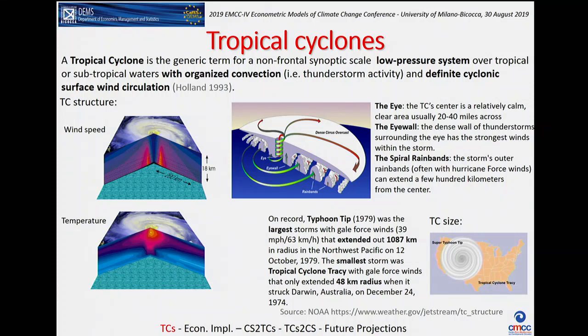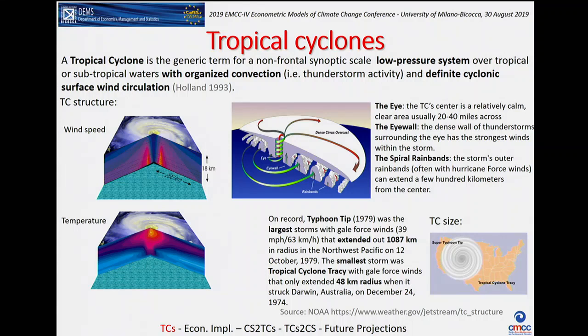This is something that is created by the heat released by the parcels that condense and precipitate. So this is something that we can call the engine of the tropical cyclone, because this is facilitating the upward motion of the parcel coming from below, so bringing the energy that you had at the surface in the upper layers.